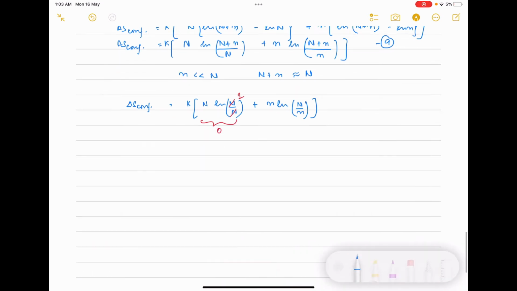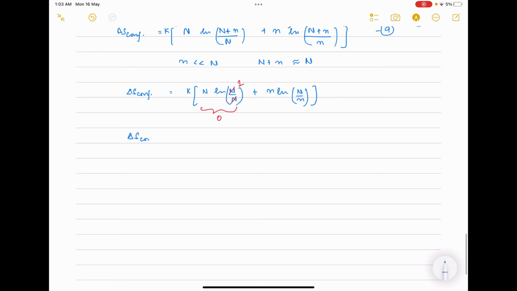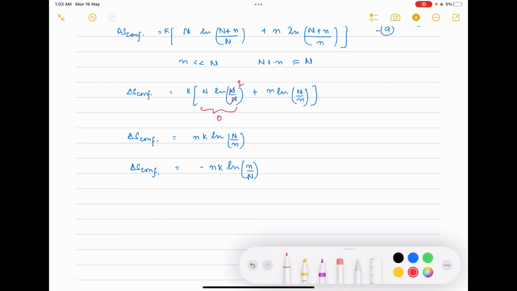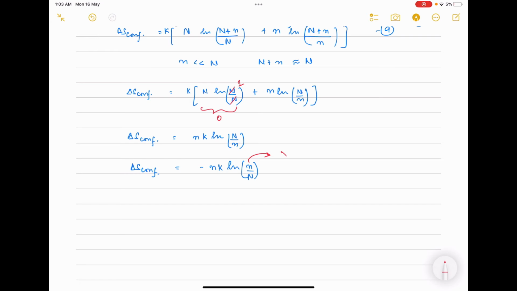So now what we have is delta S configurational is equal to k n ln capital N by small n. So reversing this, we get delta S configurational is equal to minus k n ln small n by capital N, and this small n by capital N is x1v, that is the fraction of mono vacancies.